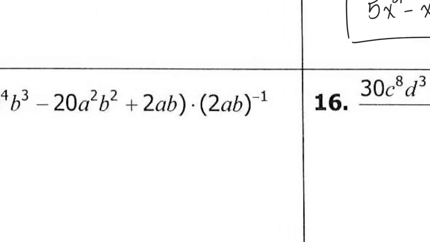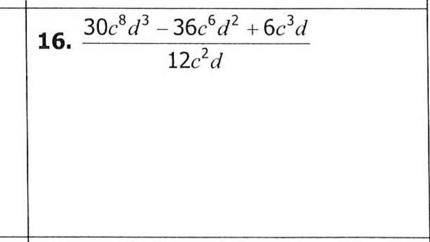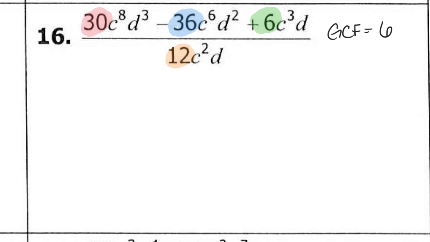Okay, let's try another one. Let's try 16. So I'm going to take just a quick look at these numbers. I notice that all of them have a 6 in common. So I would rewrite this as 6 times 5 with 5 C's and 2 D's.